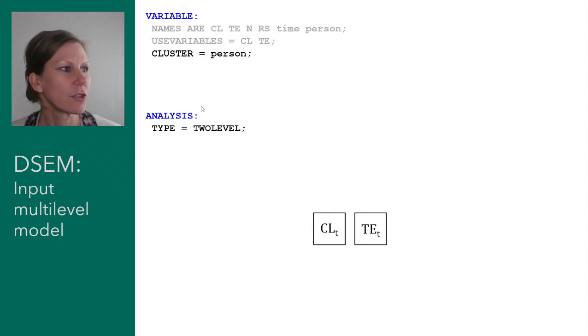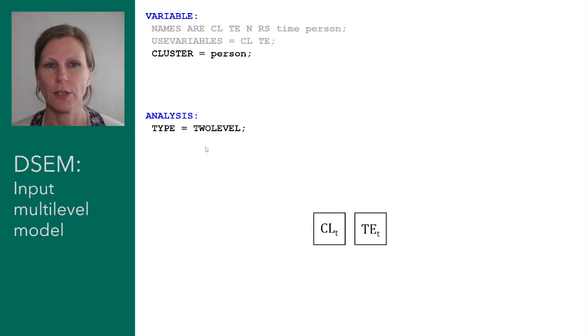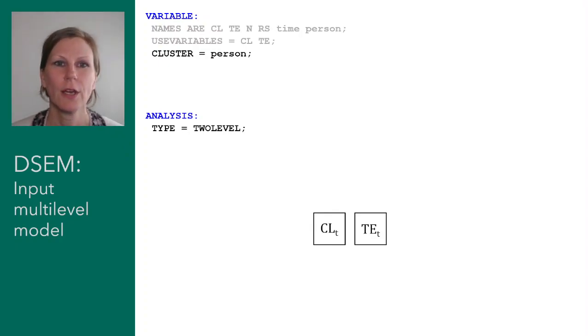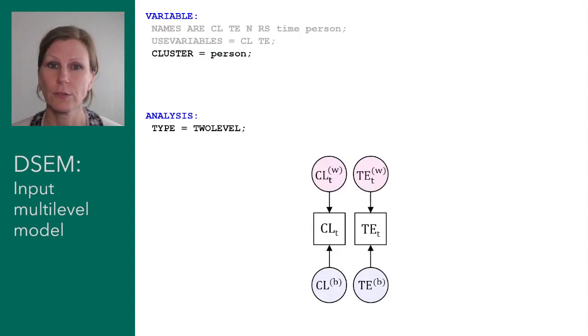In the analysis command, I indicate I want to do a two-level analysis. This means that for all the variables that have both variability within and between persons, a decomposition will be used. It can be visualized like this. The closeness variable is split into two parts.